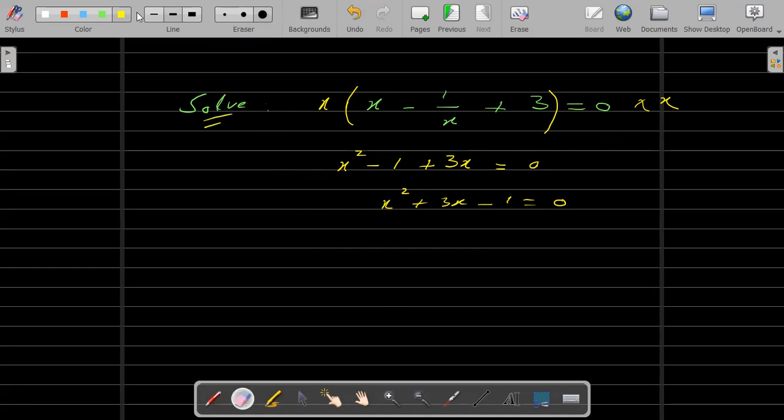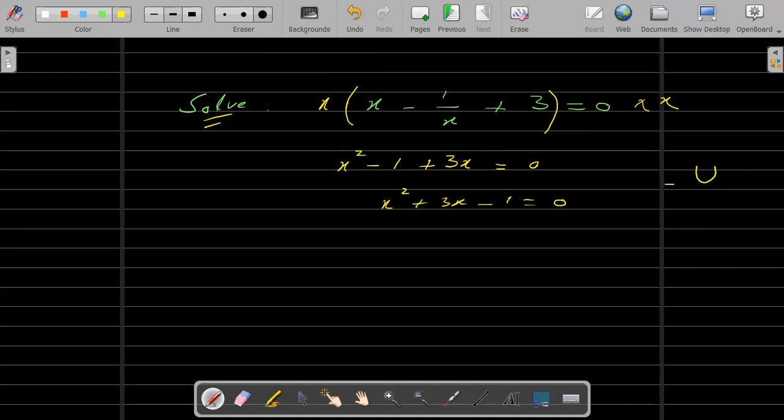Now sometimes, let's say same question, he's asking to check whether this equation, this curve, is intersecting the x-axis or not. You know that this is a quadratic question and this is a U shape. So there are three possibilities.